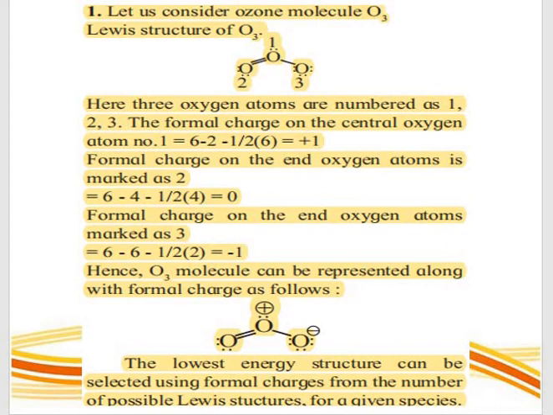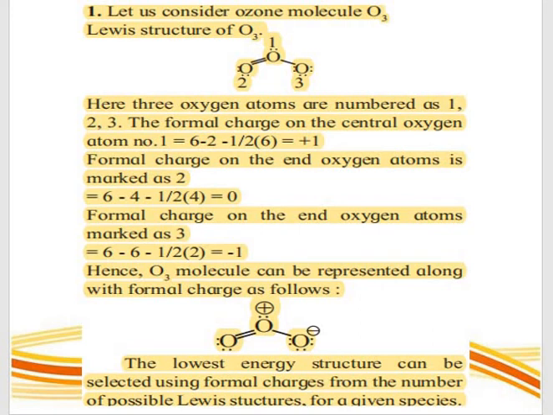The formal charge on the central oxygen atom number 1 is equal to 6, which is the valence electrons, minus 2, the number of non-bonding electrons, minus 1/2 multiplied by 6, the bonding electrons. So the formal charge is +1.